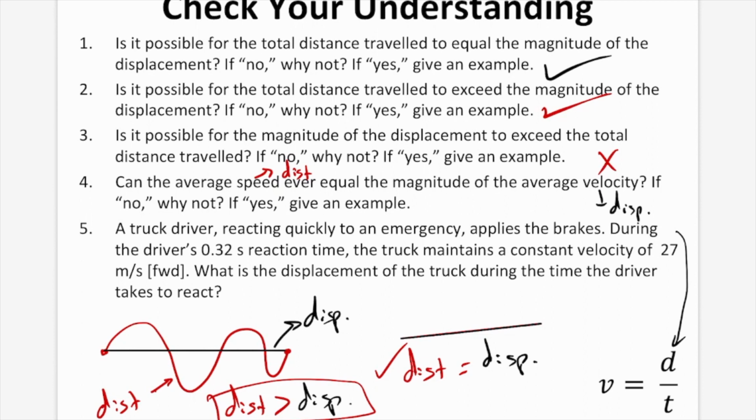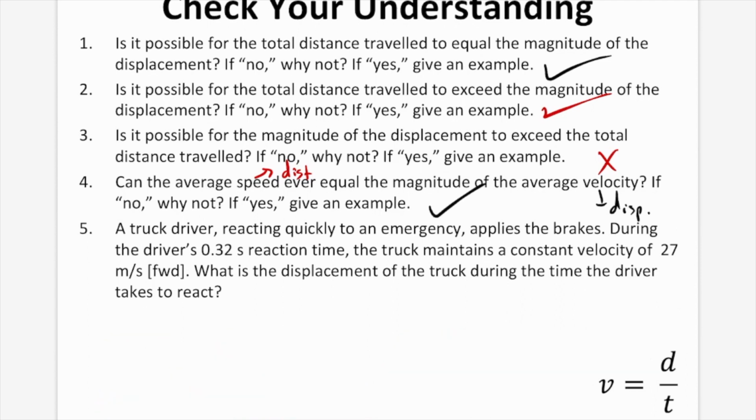Distance could equal displacement, so in that case, it would be the same. But assuming our distance is bigger, that's going to make our numerator bigger, which is going to increase our speed. So since our distance is bigger or equal to our displacement, our speed can either be equal to or greater than our velocity. So can the speed ever equal the magnitude of the average velocity? Yes, it can.